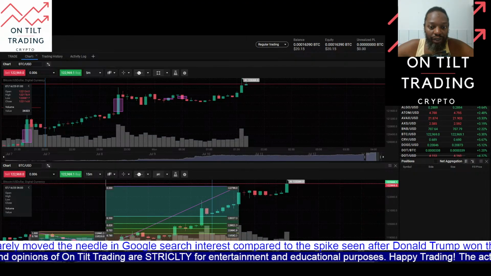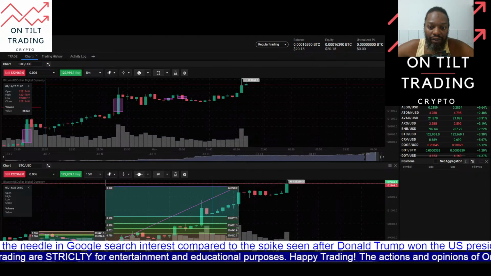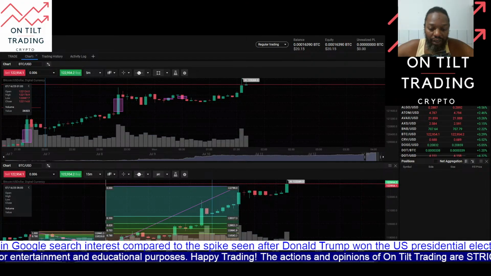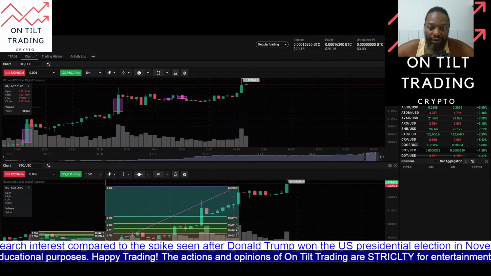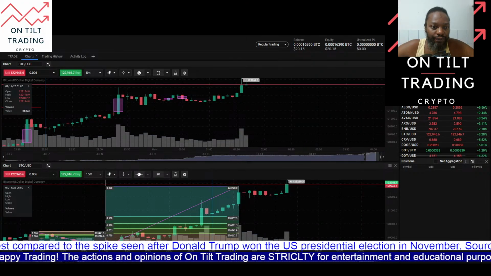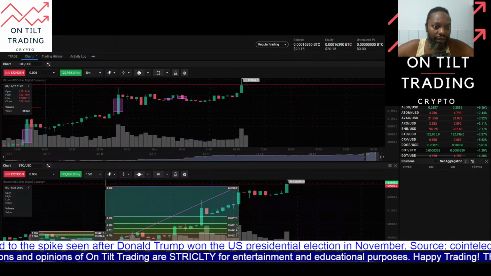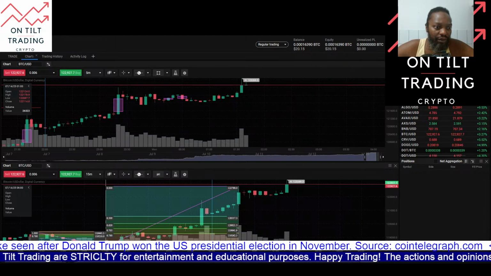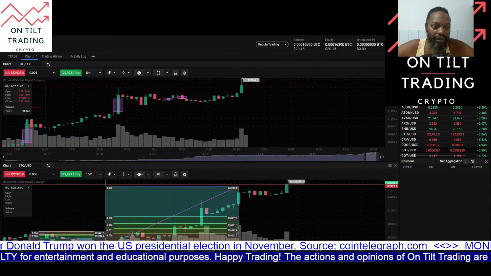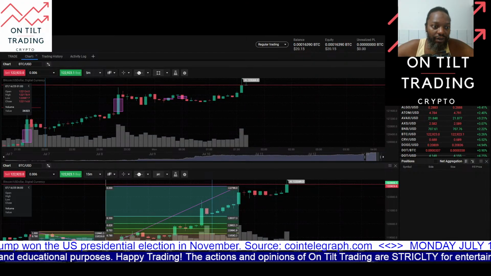So now what I would be looking for is a draw on liquidity somewhere to the sell side here, likely targeting these fair value gaps here, likely this being my primary target here.